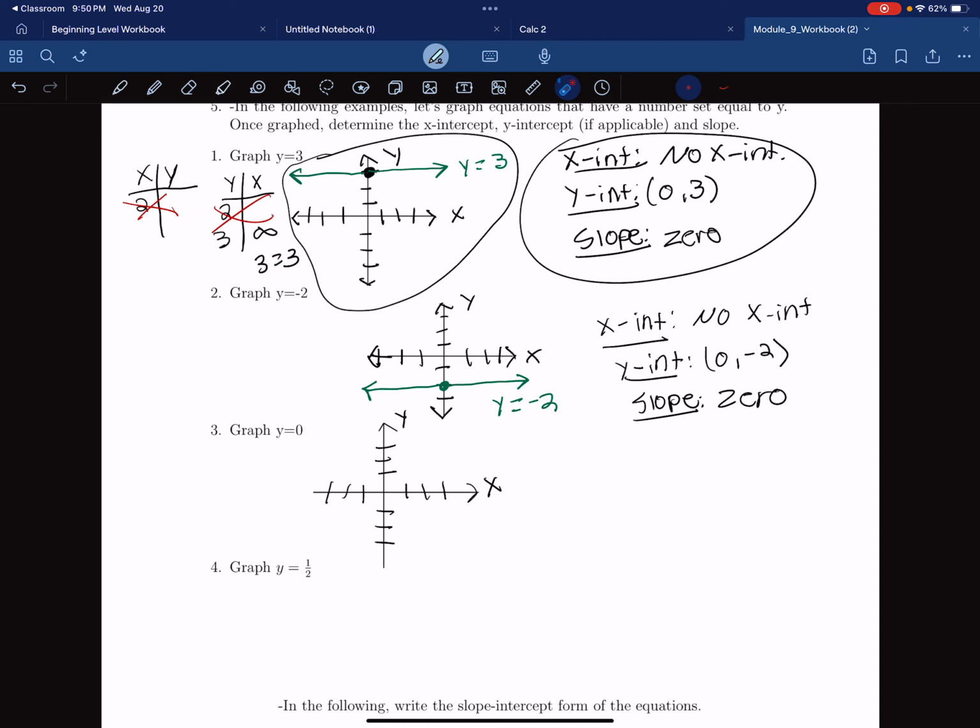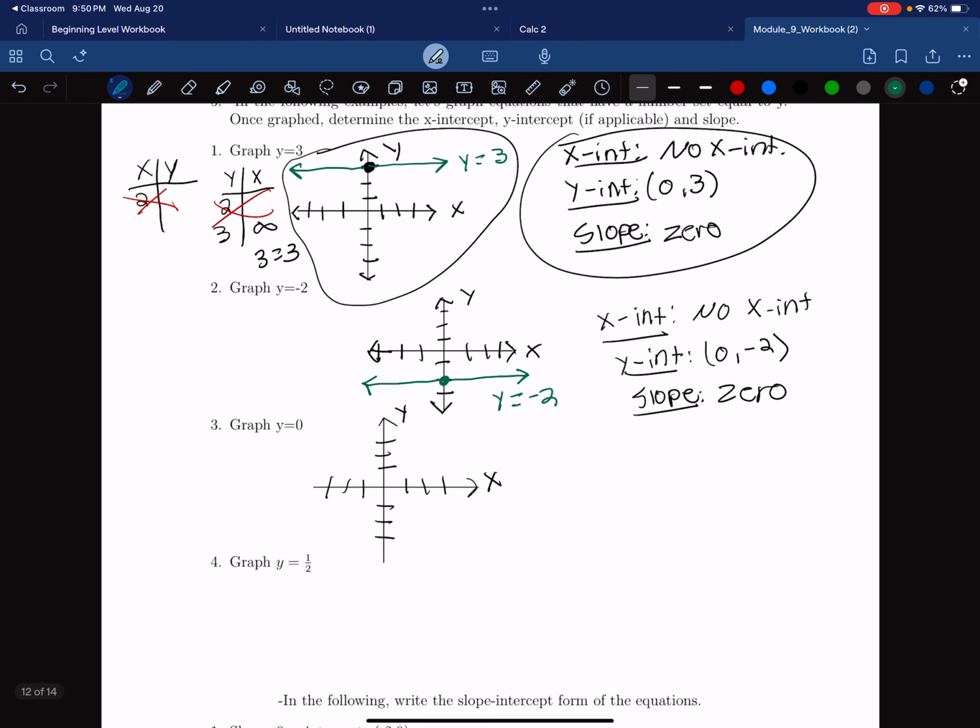So when y is equal to 0, which is at the origin, we're going to have infinite values of x. So that means we're going to infinitely go into our negative values of x and infinitely go to our positive values of x. So what that looks like as an equation is it's actually right on top of the x-axis.